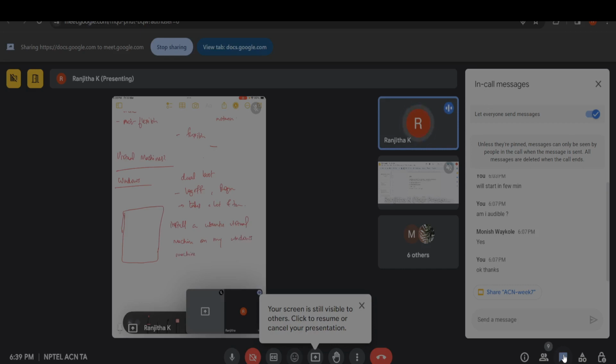Assume that this is my Windows machine and this is the x86. We have something called the hypervisor here. This is the software that enables virtualization.